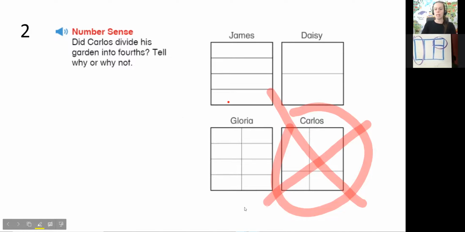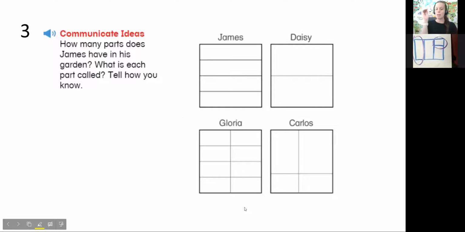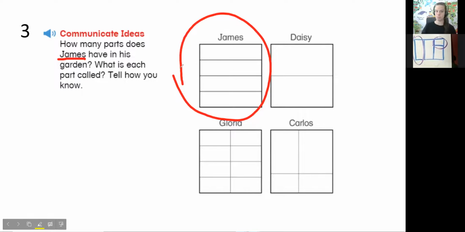All right. What about number 3? How many parts does James have in his garden? Okay, so let's answer that question first. How many parts are there? 4. There's 4 parts. What is each part called?